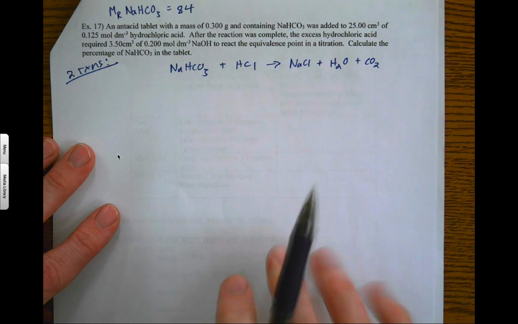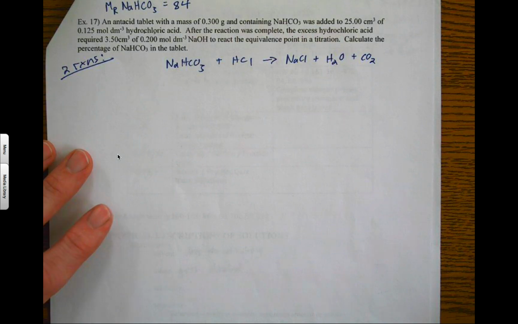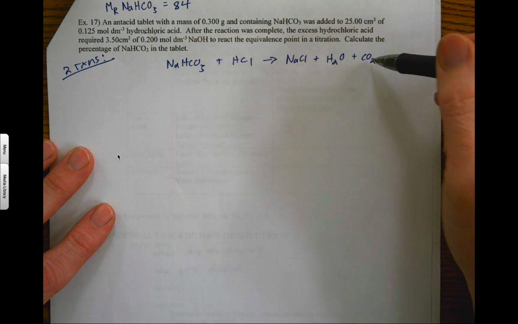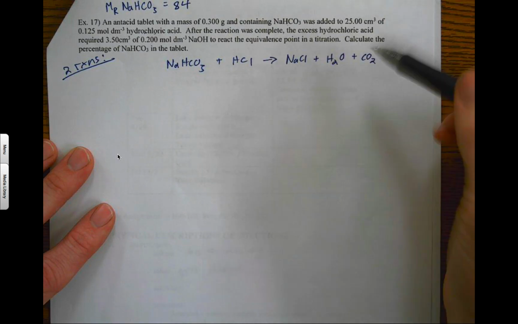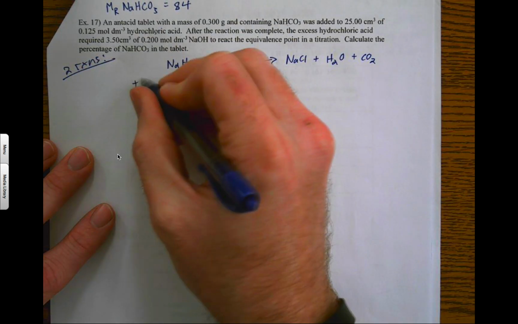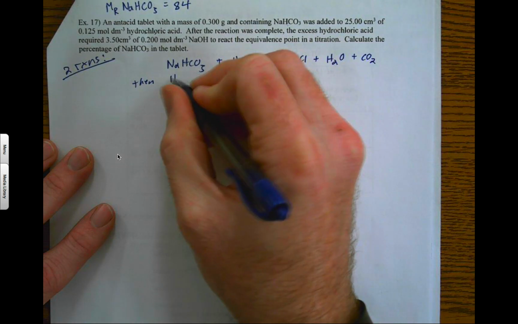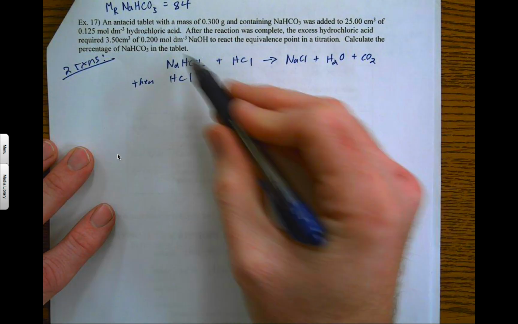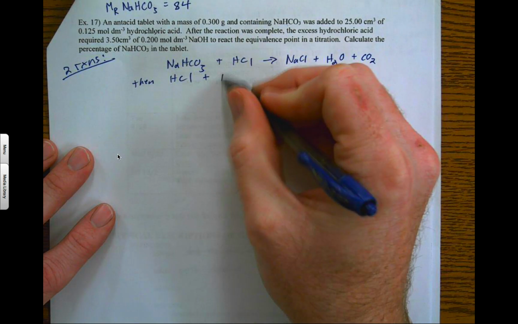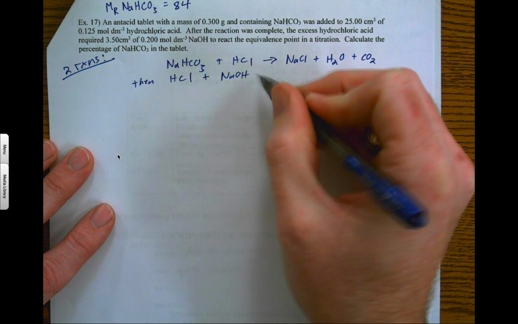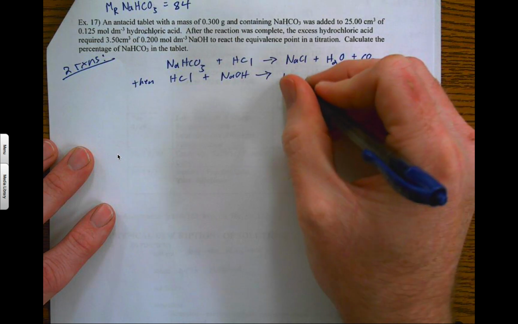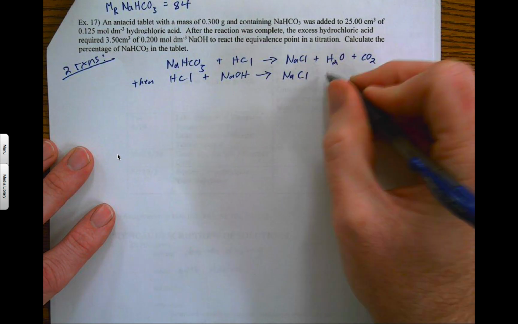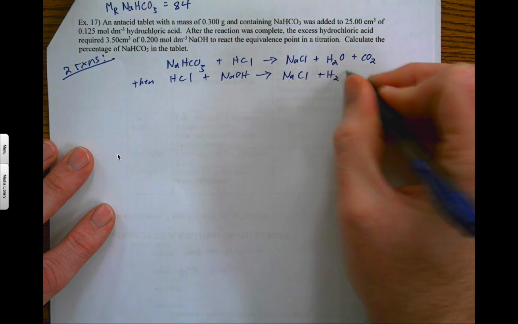And it's balanced. Now, then the excess of that, okay? The excess HCl was then titrated with NaOH to make the equivalent, and that also produced NaCl plus water. Okay?